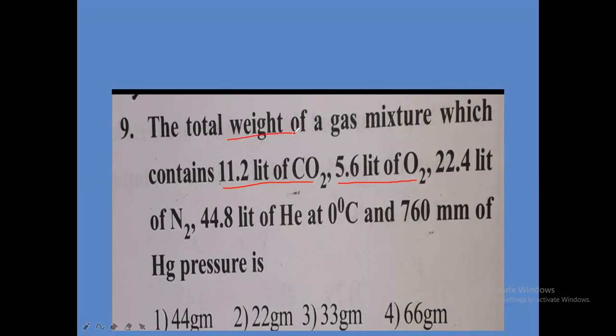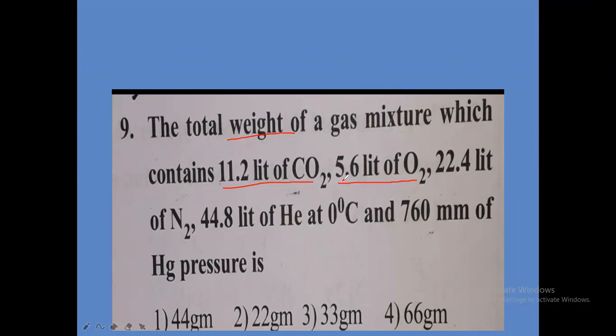So we know that 22.4 liters of CO2 is equal to 44 grams. Then 11.2 liters of CO2 will be equal to how many grams? That way we have to take.